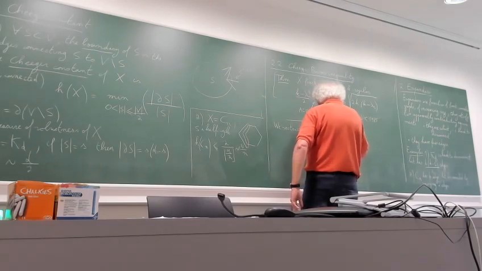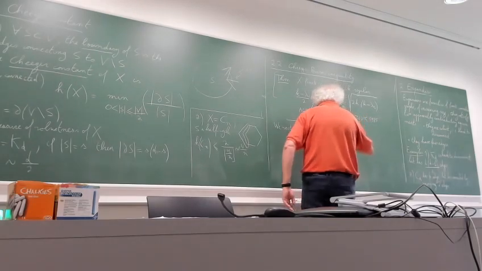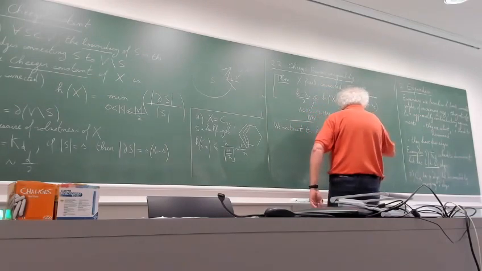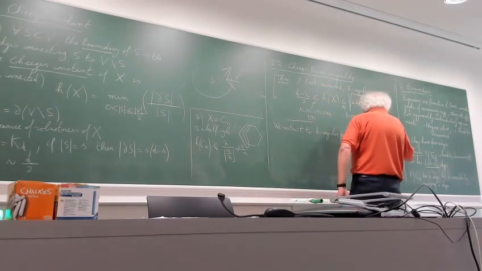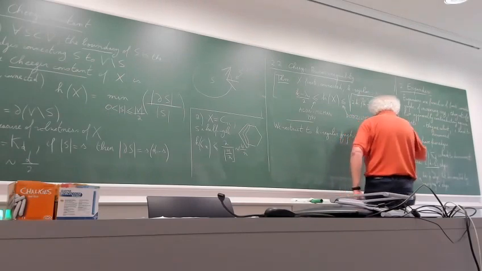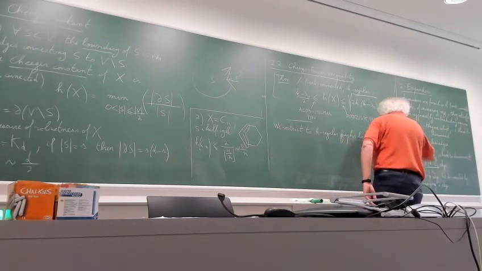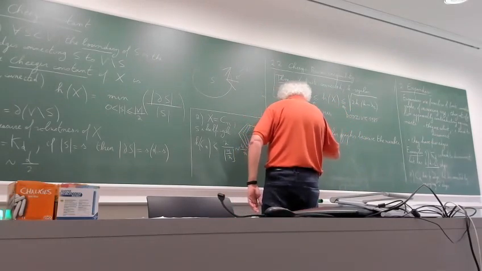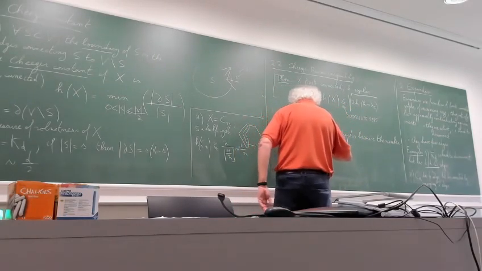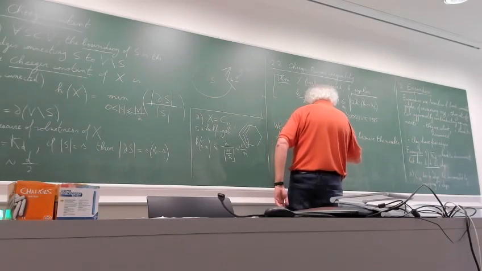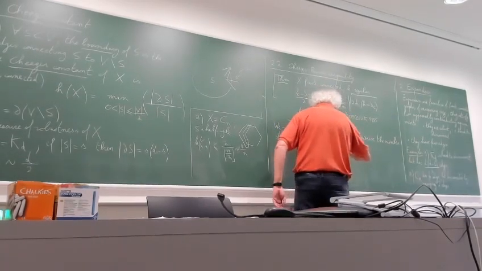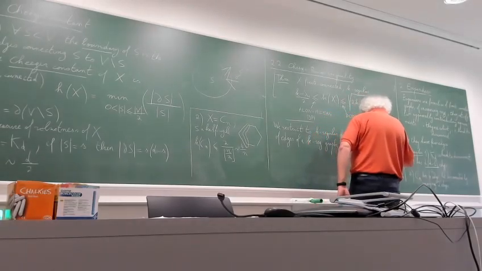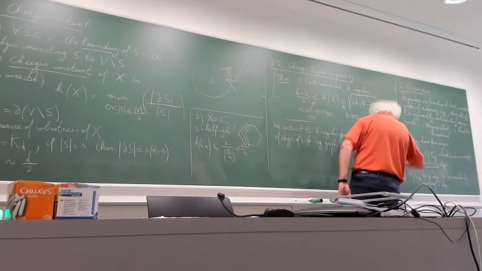We restrict to k-regular graphs because the number of edges of a k-regular graph on n vertices is k times n over 2.